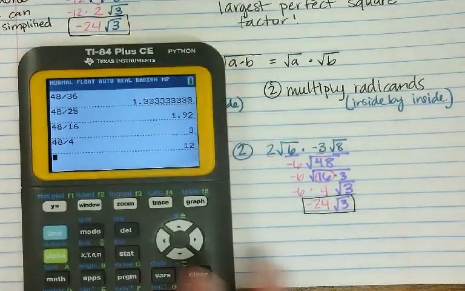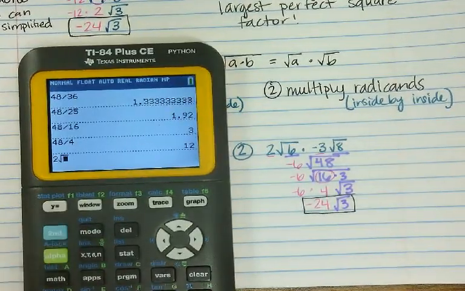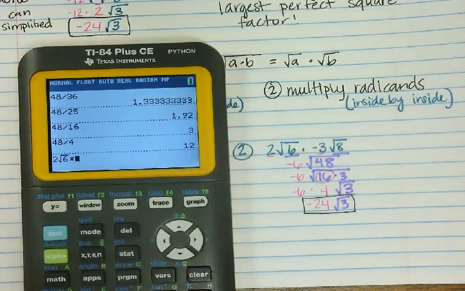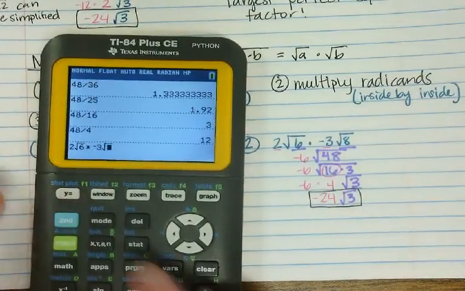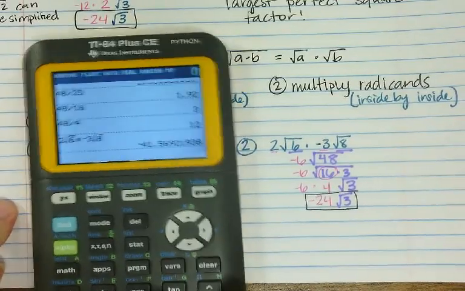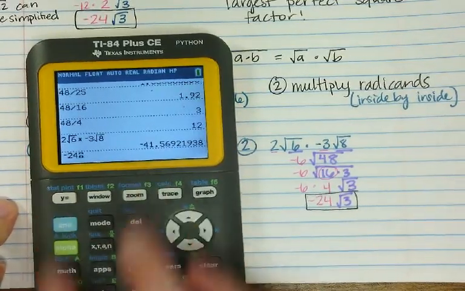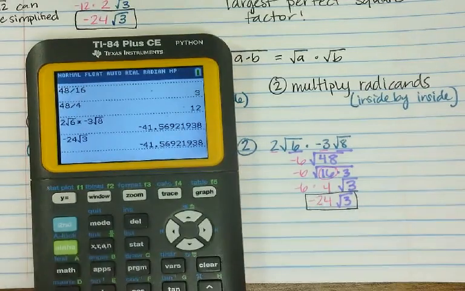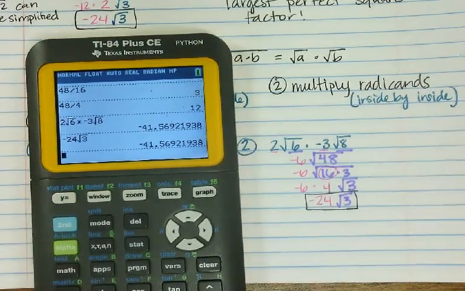And what I like to do is check myself. 2 square root of 6 times negative 3 square root of 8, and negative 24 square root of 3. Whew! We have the exact same weird decimal, so we know that we're correct. Does that track? Yes, no, maybe so?